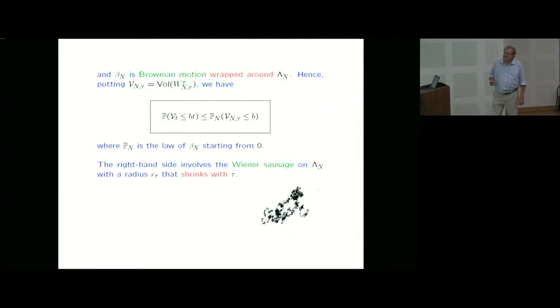So what is the result of me having done that? The result is the following. This object was smaller than that object, so the probability of the event that I was looking for, the original Wiener sausage of radius 1 on the full R^d being less than or equal to bt, will be bounded from above by the probability that the Wiener sausage on this object here is below b.